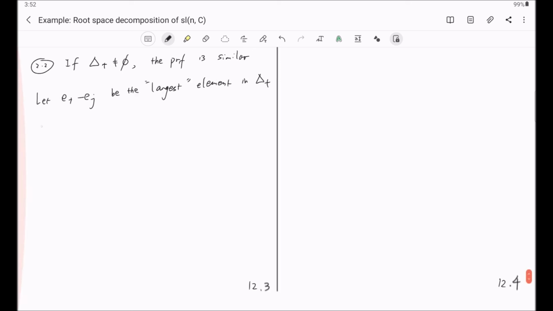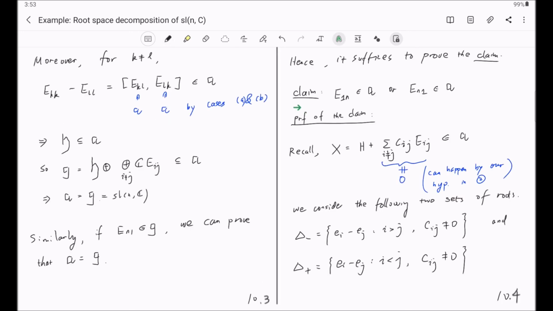And in the end, we will prove e_{n1} is in A. Previously, we proved e_{1n} is in A for the case when delta negative is non-empty. And this completes the proof of this claim, finally.